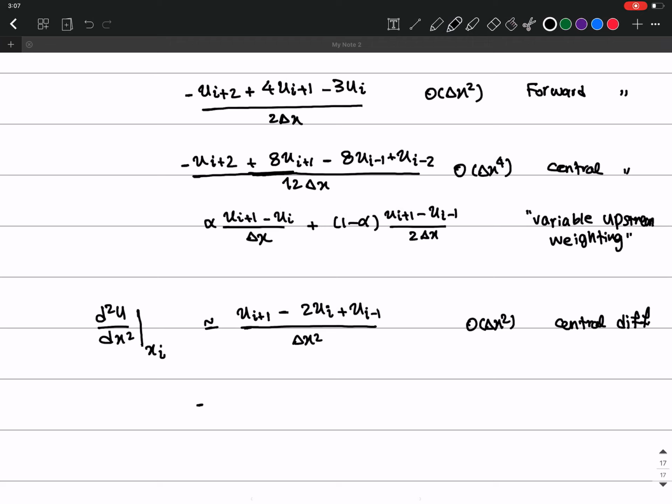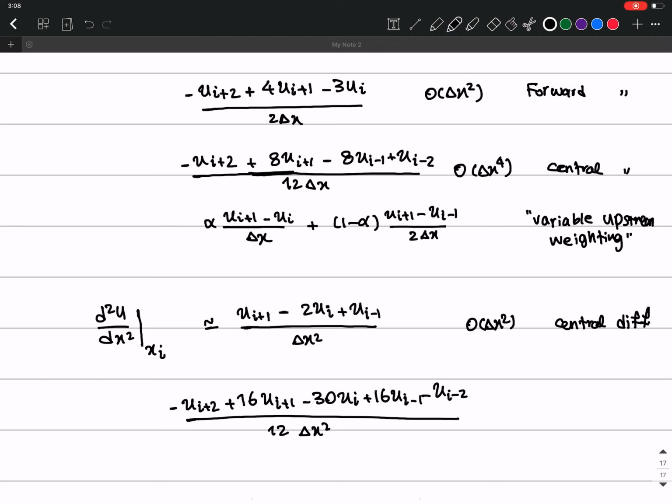So for example, this one: (minus u_{i+2} plus 16 u_{i+1} minus 30 u_i plus 16 u_{i-1} minus u_{i-2}) over 12 delta x squared, and this is going to be order delta x to the power 4.